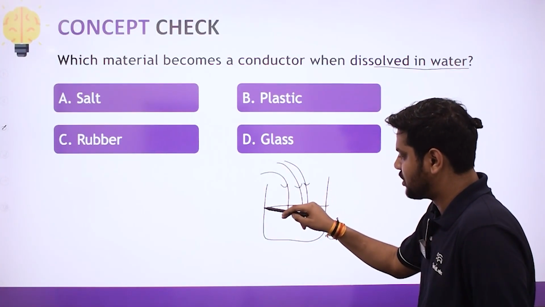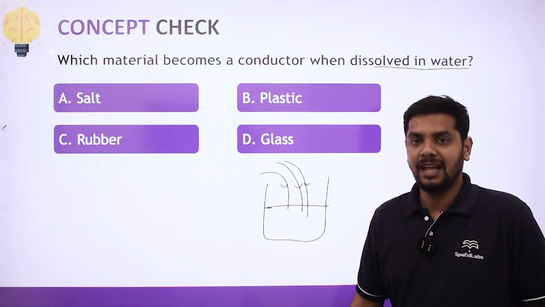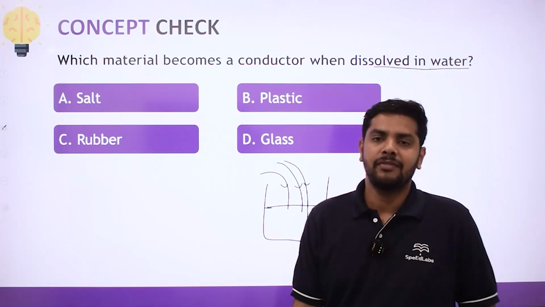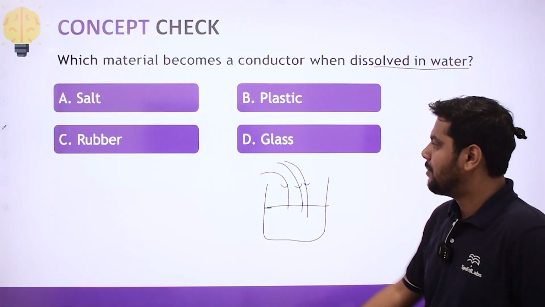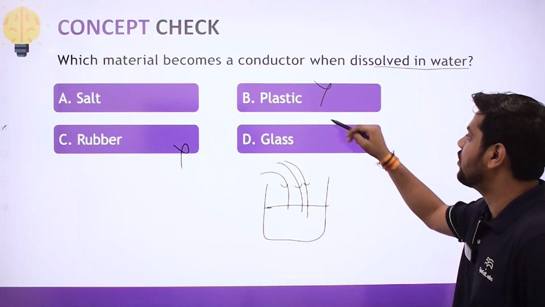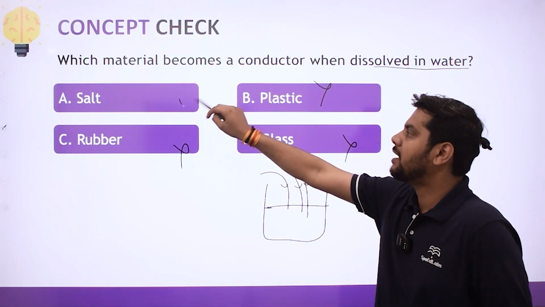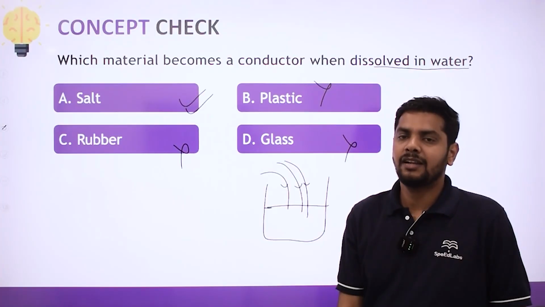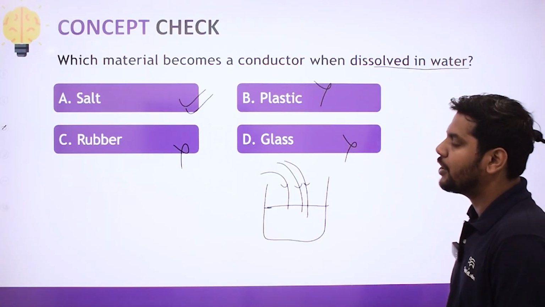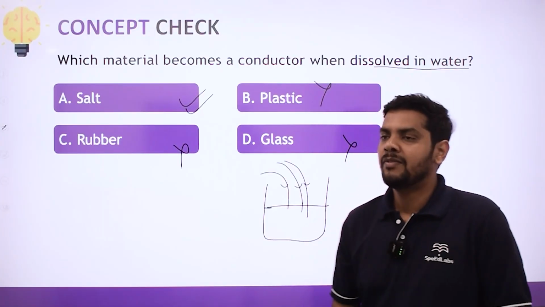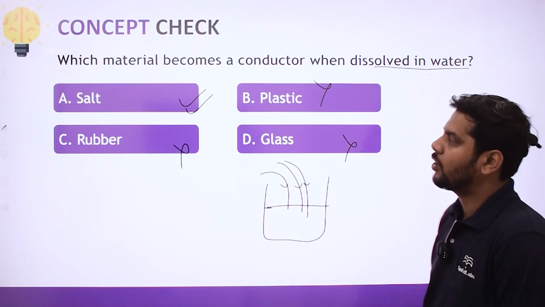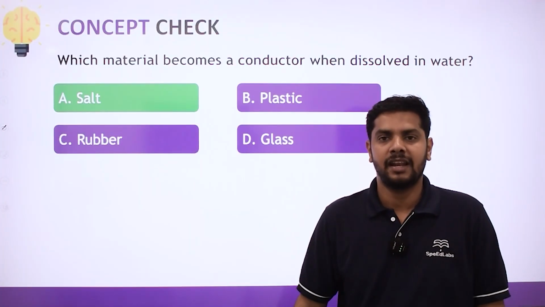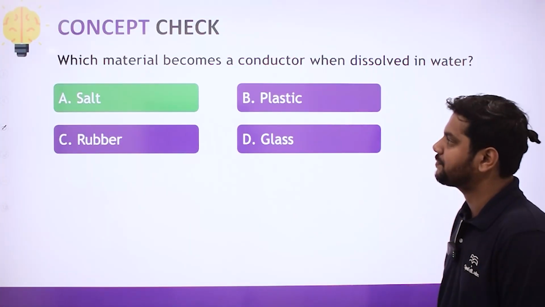I will get an aqueous solution, right? And in that case, it will start to behave as a conductor. Rubber, no. Plastic, no. Glass, no. So your option number A, salt, right? Salt is going to behave as a conductor when it is dissolved in water. That means option number A is the correct option once again.